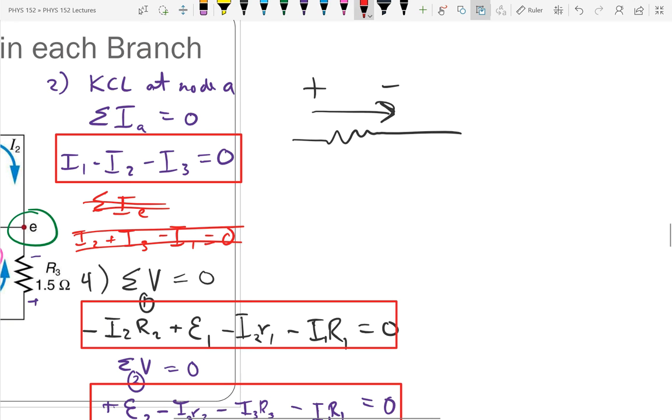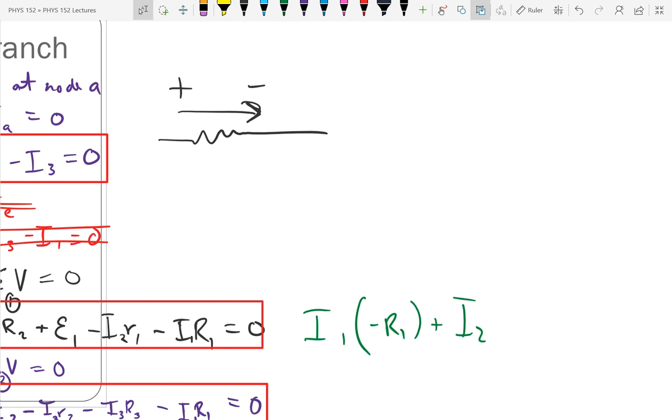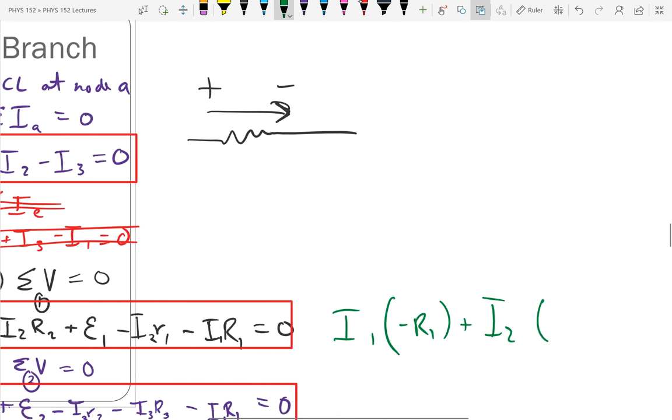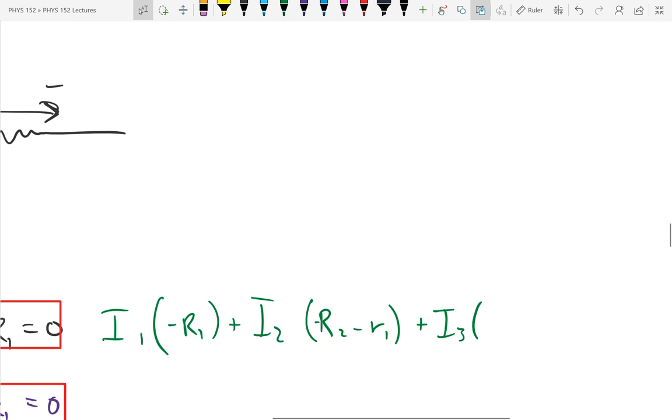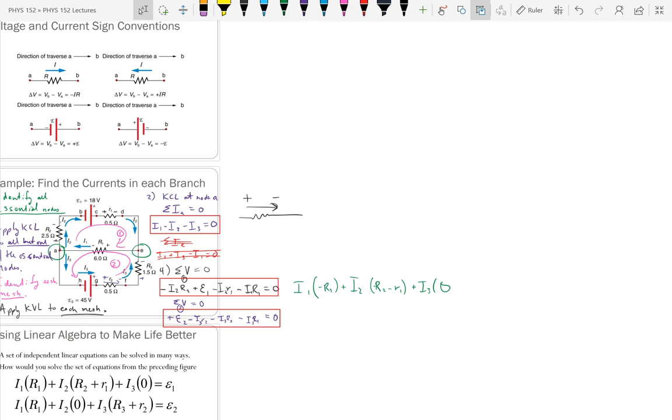The second equation I'm going to rewrite as I1 multiplied by minus R1, plus I2 multiplied by minus R2 minus lowercase r1, plus I3 multiplied by 0, equals minus E1.